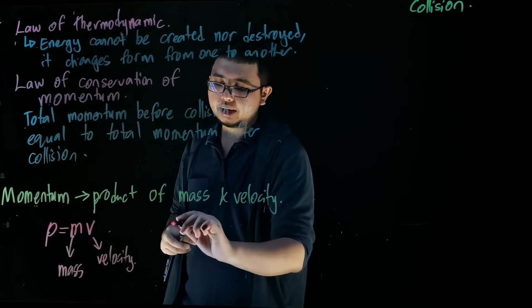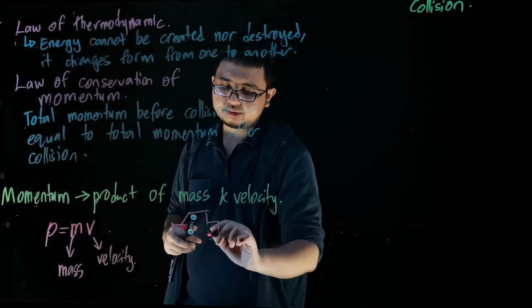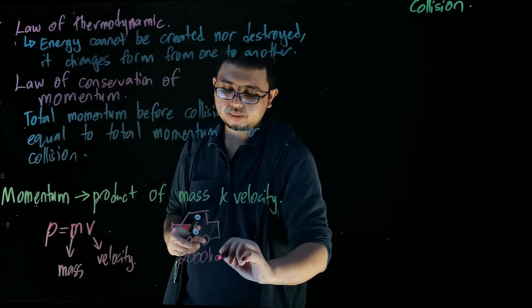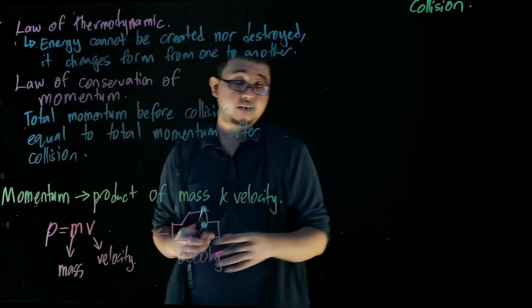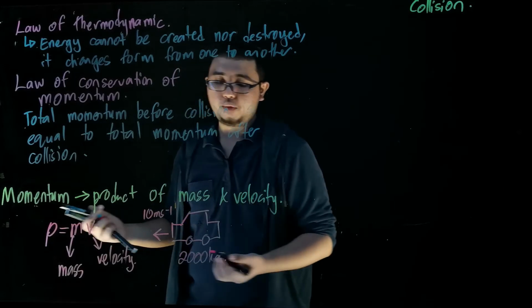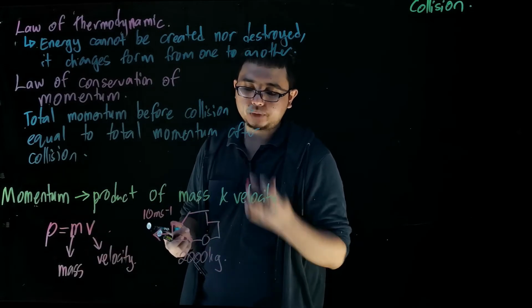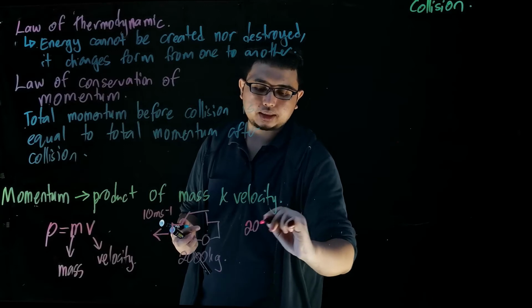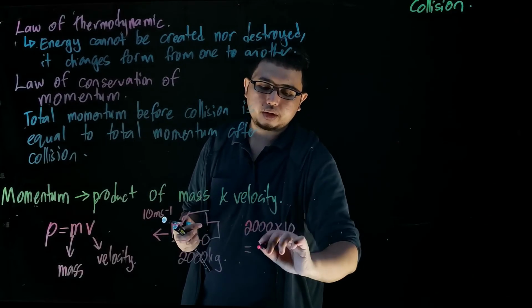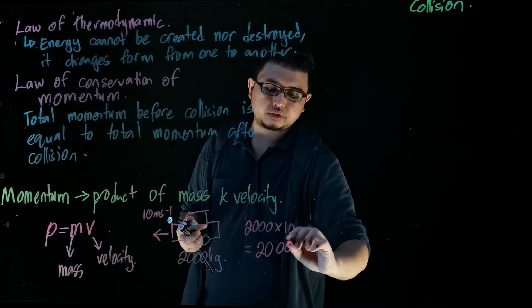Let's say an object of mass 2000 kilogram is moving with a velocity of 10 meter per second. We can calculate its momentum by simply multiplying the two numbers together. So here we have 20,000.